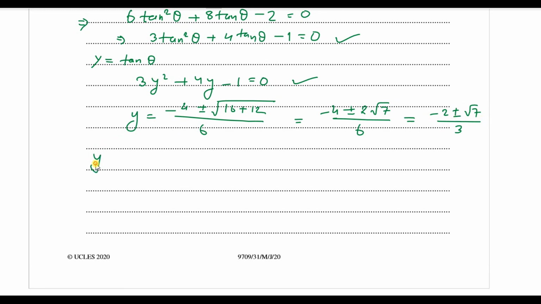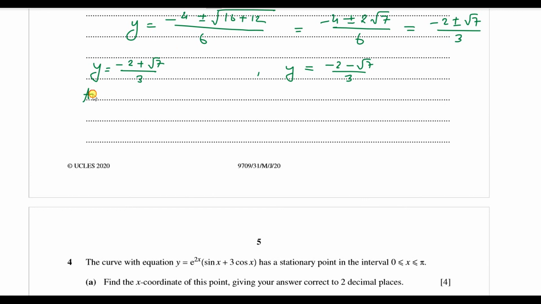Now we'll get two values of y. One is y equal to minus 2 plus root 7 over 3, and another is y equal to minus 2 minus root 7 over 3.